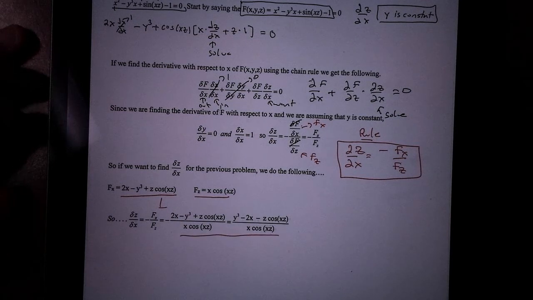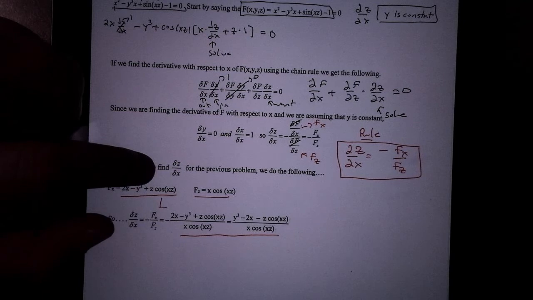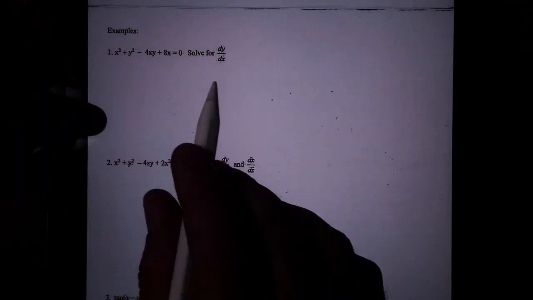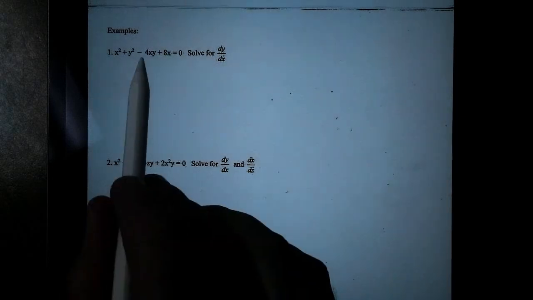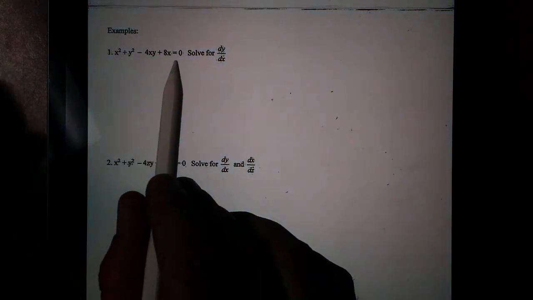All right, so let's take a look at a quick example. We have this implicit function, x squared y squared minus 4xy plus 8x equal to 0.